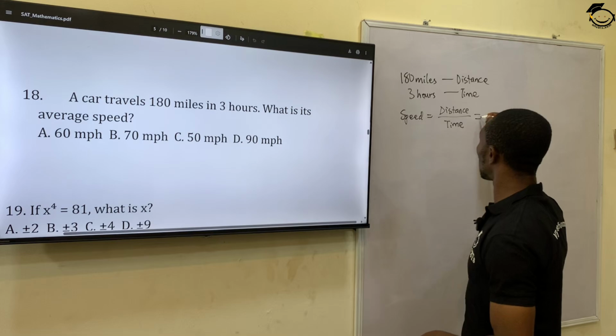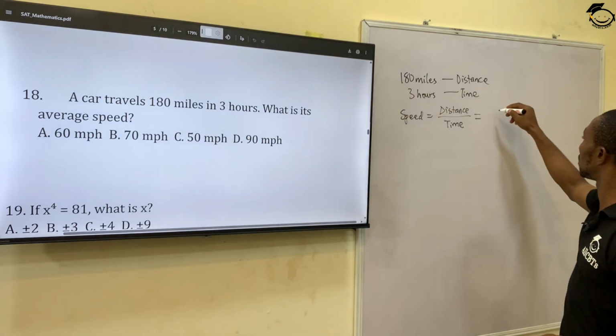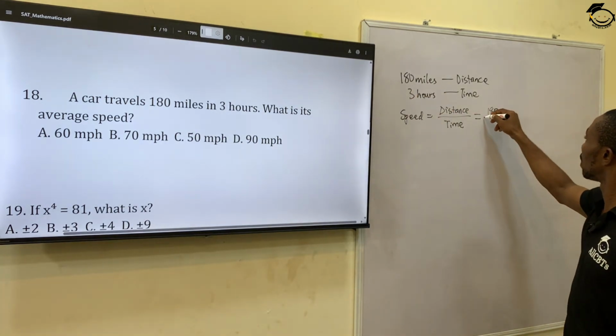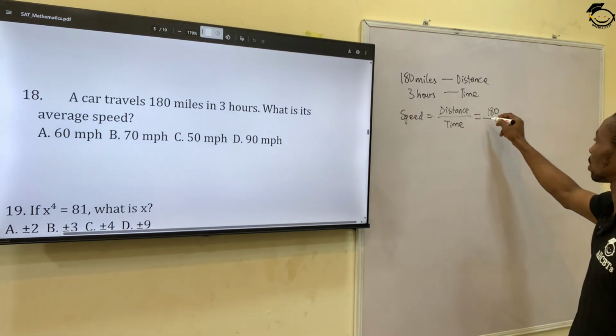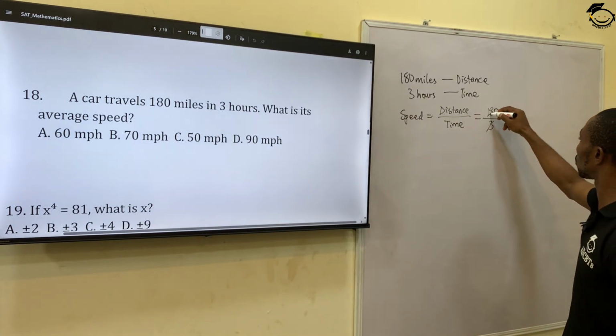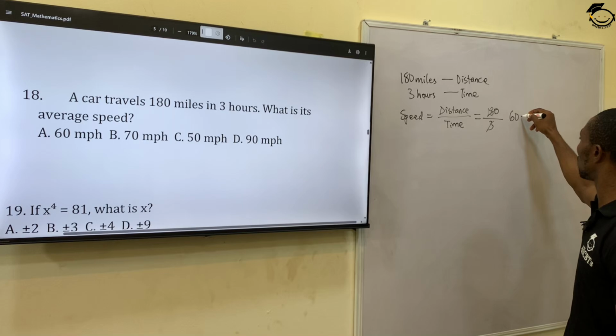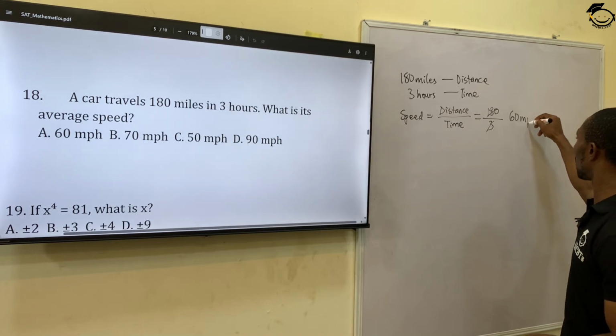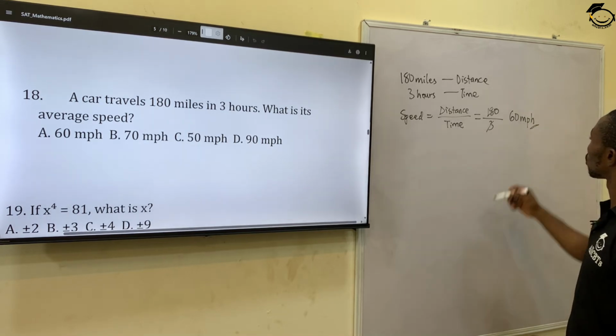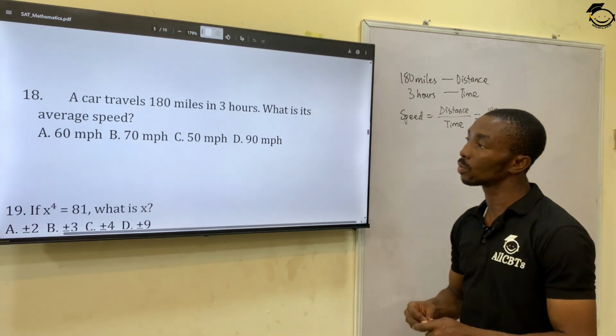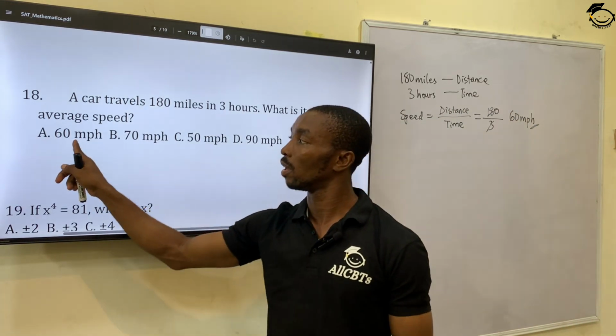So our distance here is 180 and our time is 3 hours. So 3 into 180 will give us 60 miles per hour. So he travels at 60 miles per hour, which is option A.